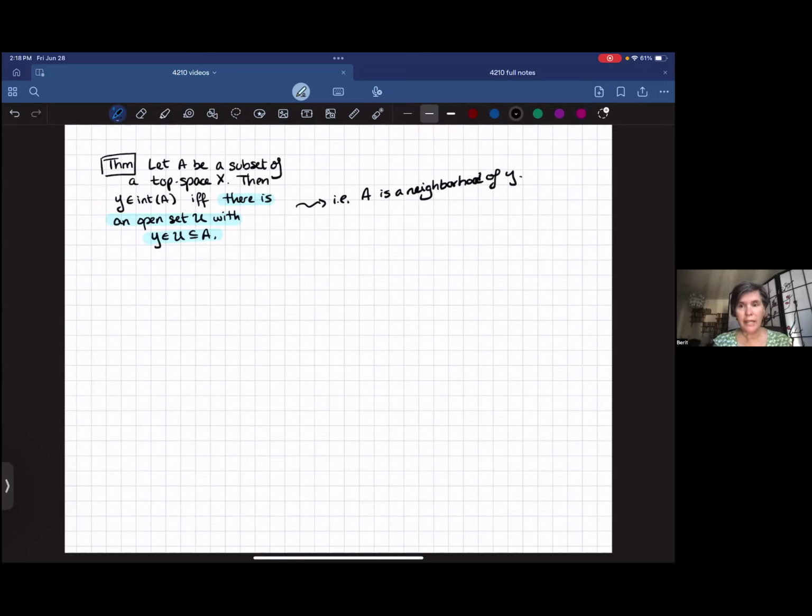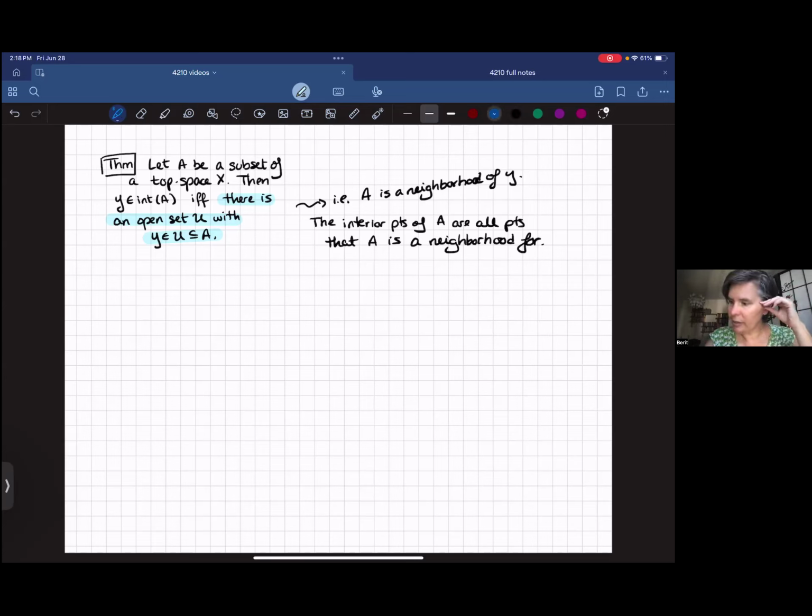So another way of saying it is that the interior points of A are all the points that A is a neighborhood of. Okay, so that's another way that we can think about it. So we're kind of tying all these concepts together.